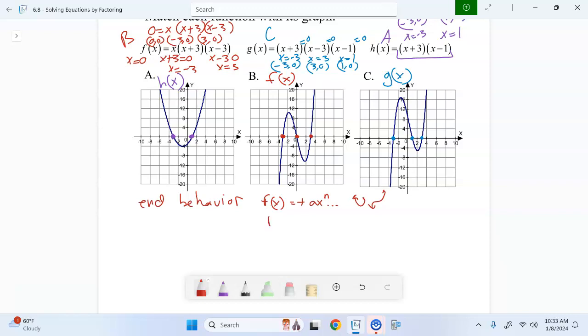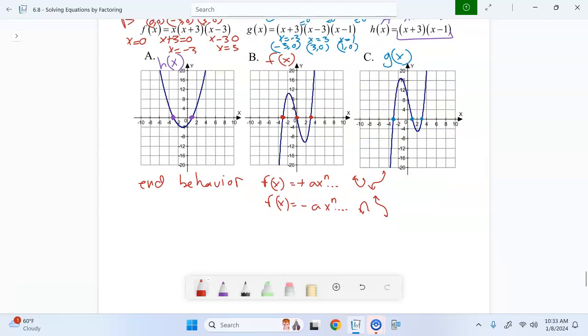And if we have a negative polynomial, then our parabola is going to open down as well as that sideways S shape is going to go down. And that parabola and that S shape is based on whether we have an even or odd number of factors.